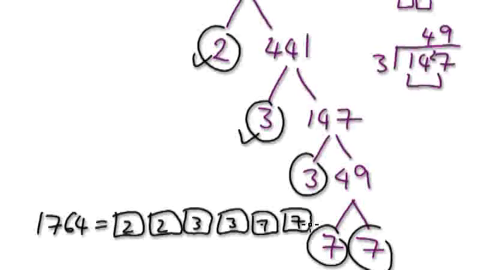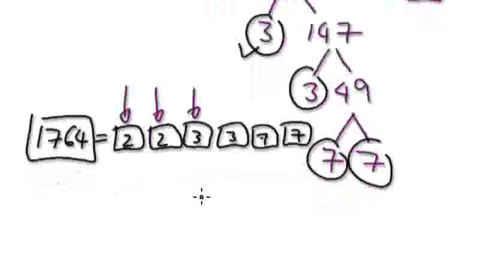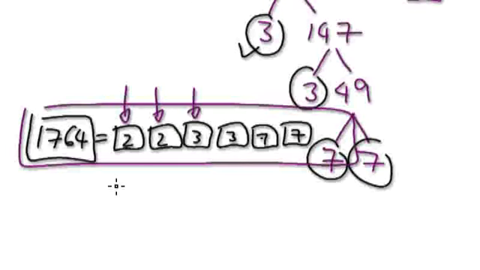Okay. Now, do you see? We've just written this number as a product of primes because all these are primes. So here, once you've written it in this form, you can find out all the factors you want.